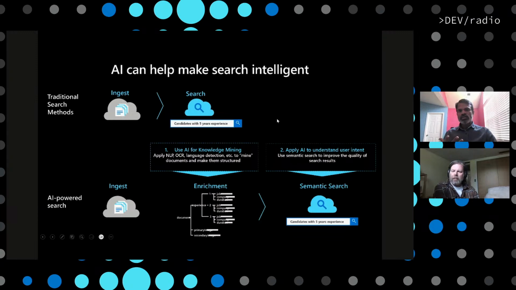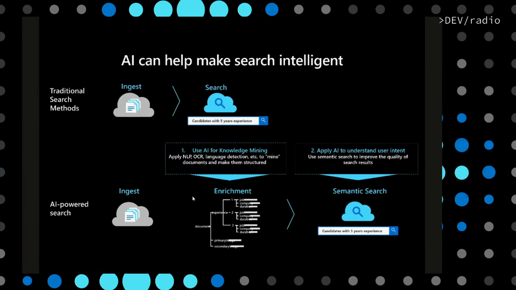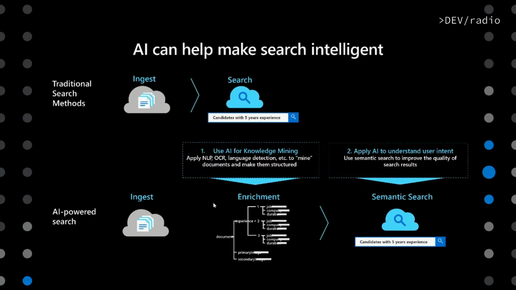AI can help search more intelligently, where we use the same documents that we ingest, and we use AI for knowledge mining, applying various technologies like OCR, natural language processing, language detection, and so on, to help you mine the plethora of documents and enrich the search capabilities, and apply semantic search on top of it, so that the results will be highly relevant for the users.